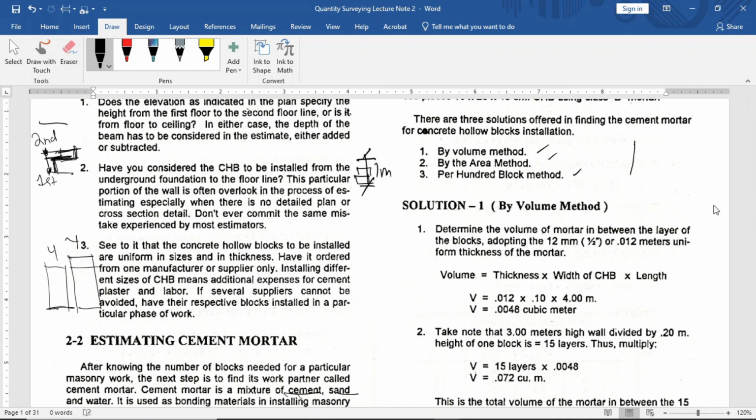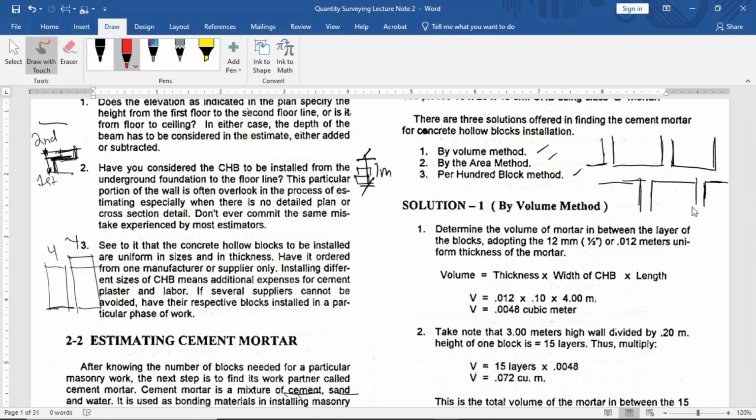So, for example, ito yung hollow blocks natin. Yan yung pag latag. I-exaggerate ko lang ng konti. So, ito yung tinatawag nating cement mortar.